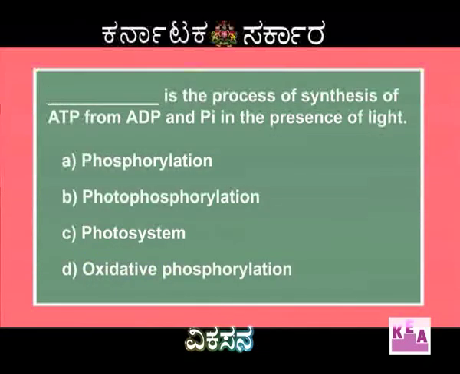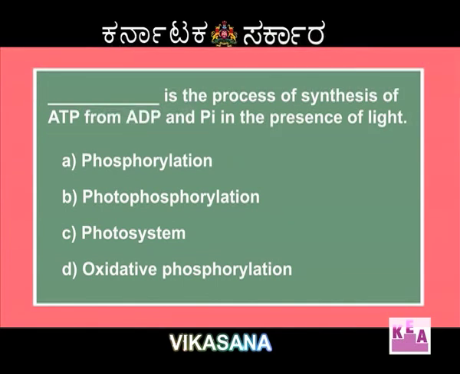The next question is, dash is the process of synthesis of ATP from ADP and inorganic phosphate in presence of light. The options are option A, phosphorylation; option B, photophosphorylation; option C, photosystem; option D, oxidative phosphorylation. Now, let me ask you, what is meant by phosphorylation?